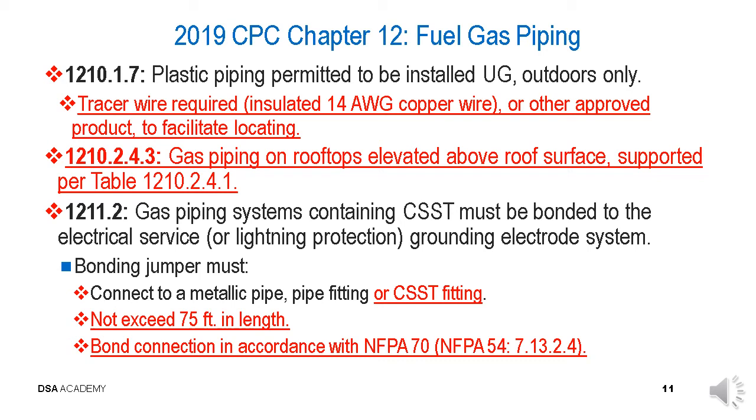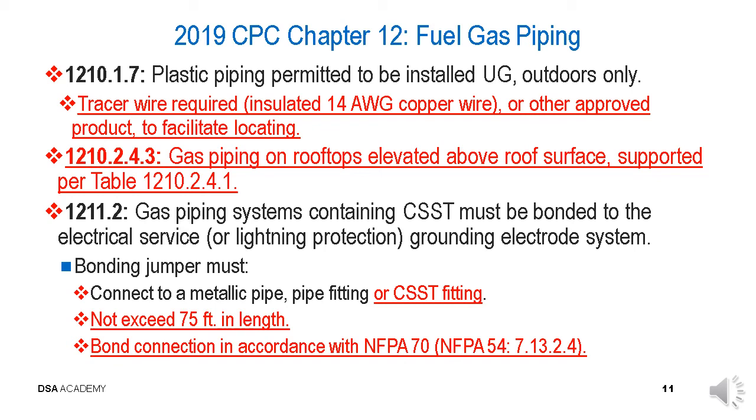The new section 1210.2.4.3 provides information about gas piping on rooftops elevated above roof surfaces, which needs to be supported per the requirements in Table 1210.2.4.1. This section deals with rooftop gas piping installations, which has been addressed now. Regarding 1211.2, gas piping systems containing CSST must be bonded to the electrical service or lightning protection grounding electrode system.